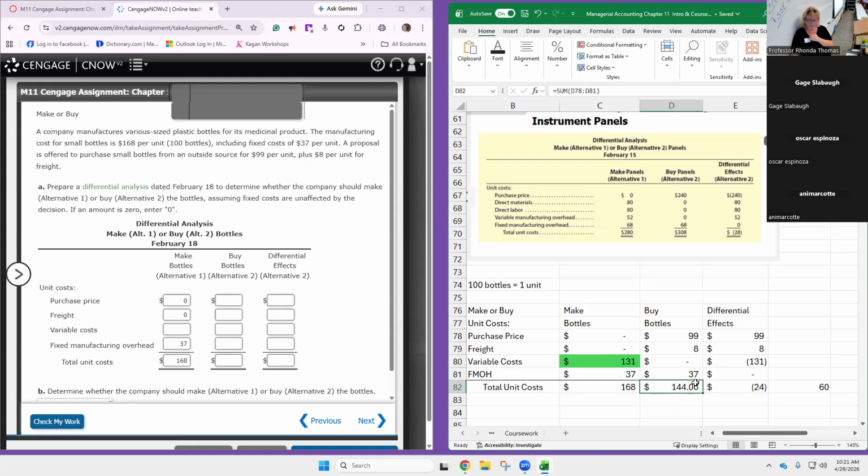This looks like the better option. It looks like the better option to buy the bottles and get rid of the equipment, but we would also have to get rid of who? The workers who are making those bottles. So it saves even more money, I know. All right, so let's plug this in.